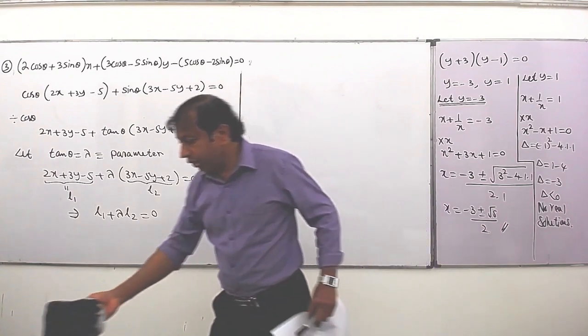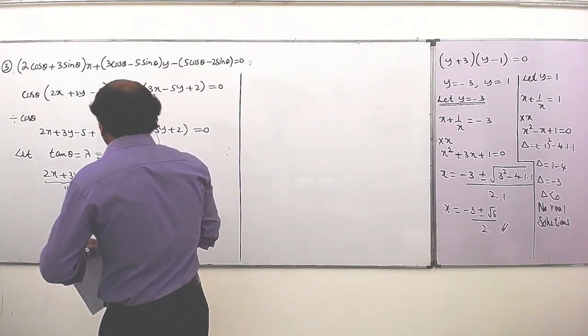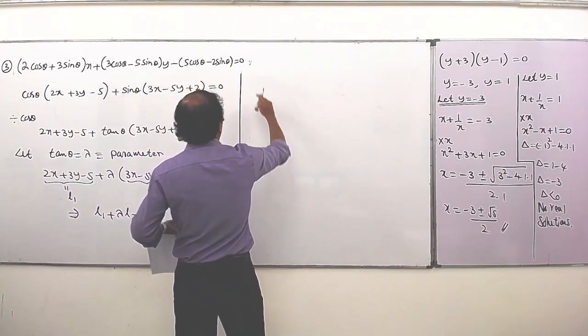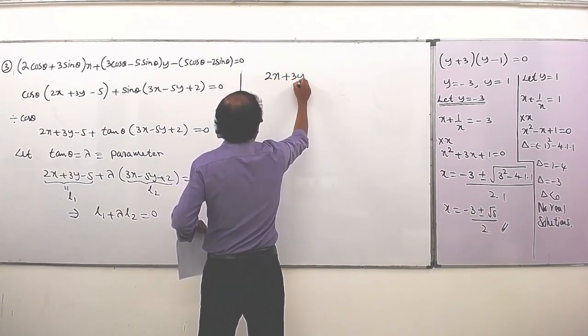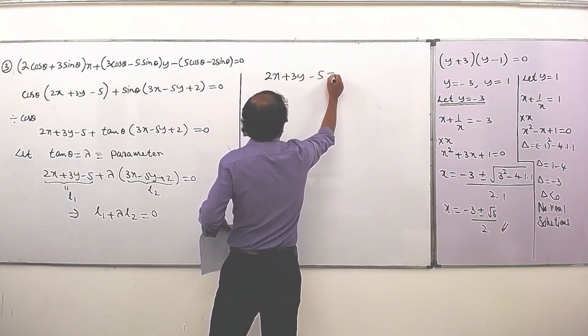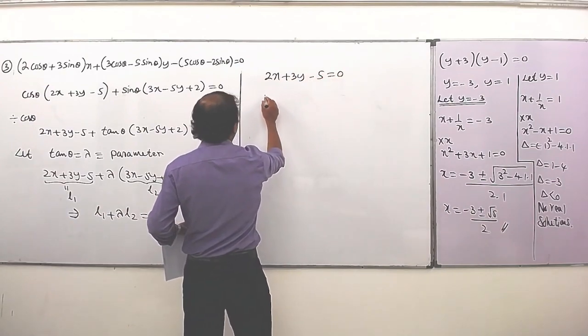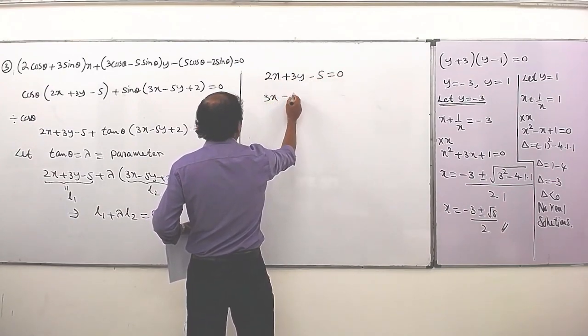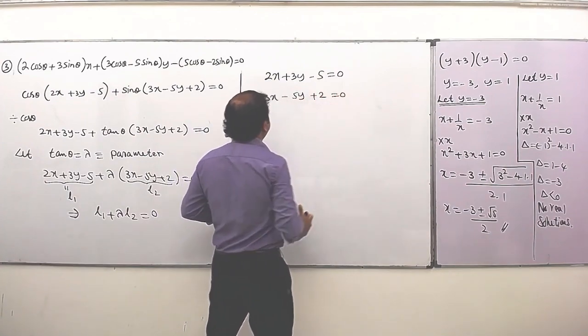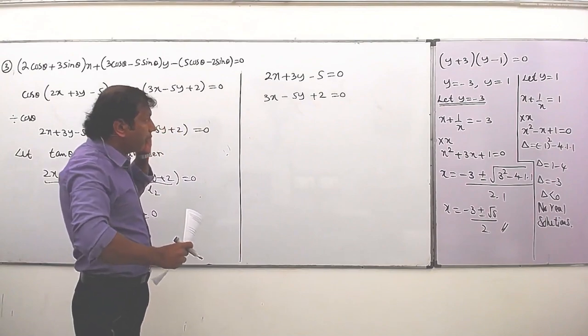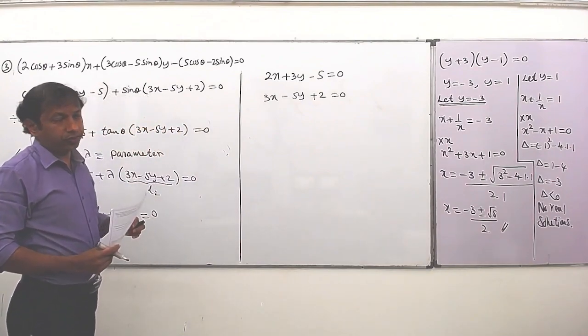Now we need to find the point of intersection of these two lines: 2x plus 3y minus 5 equals 0 and 3x minus 5y plus 2 equals 0. We have to solve these two equations simultaneously.